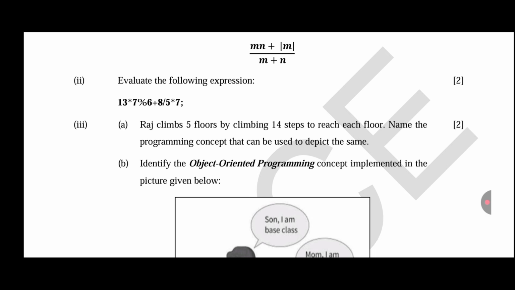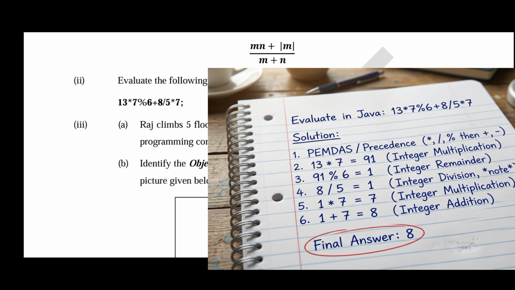Let's go to the second question. Evaluate the following expression: 13 into 7 modulus 6 plus 8 divided by 5 into 7. So these all values are integers, so the result will also come in integer form. Modulus and multiplication have the same priority level, so we go according to the associativity, from left to right. So first we'll solve 13 into 7. 13 sevens are 91. 91 modulus 6, and then we have plus 8 divided by 5 into 7.